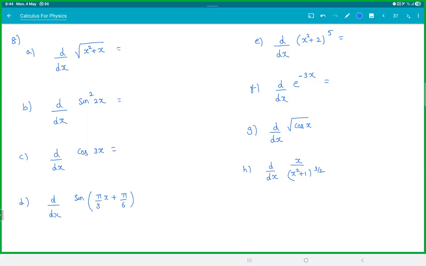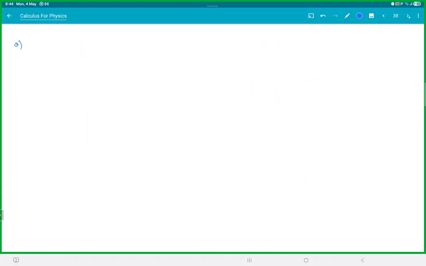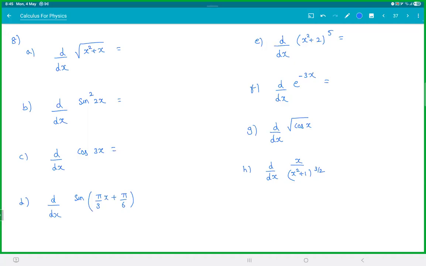Okay, let me show you the first one. Let's look at the first one. So this is looking like what? This is d by dx of x square plus x whole power half.